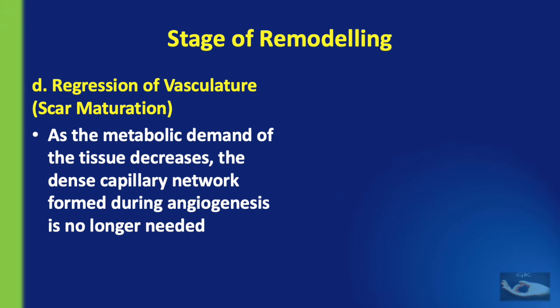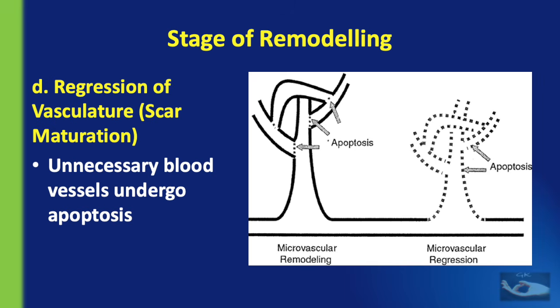For all the stages of healing that we have seen, there was a need for an increased blood supply because there was a large metabolic demand of the tissues. But now, the dense capillary network formed during angiogenesis is no longer needed. The unnecessary blood vessels undergo apoptosis.